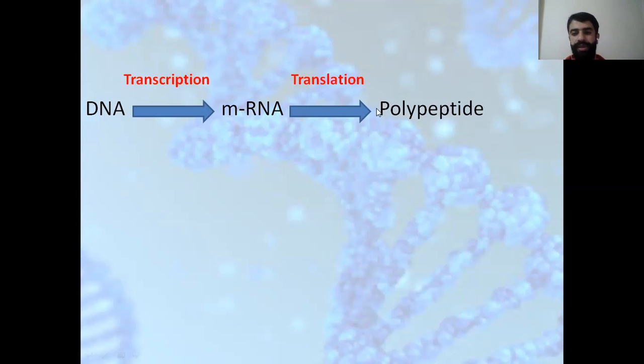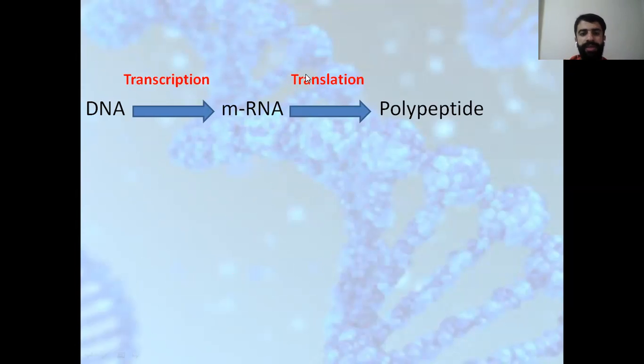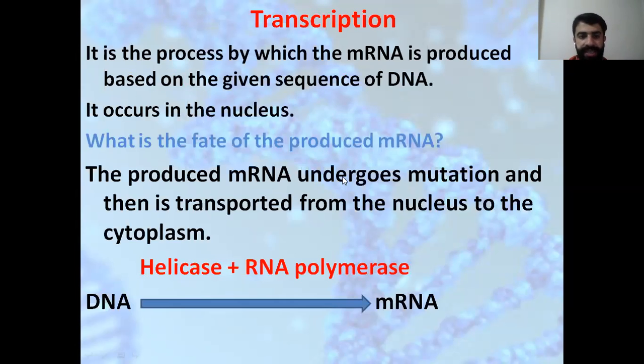Let's move now to the single steps. First, the first process, which is transcription. Transcription is the process where the mRNA is produced based on the given sequence of the DNA. It occurs inside the nucleus.